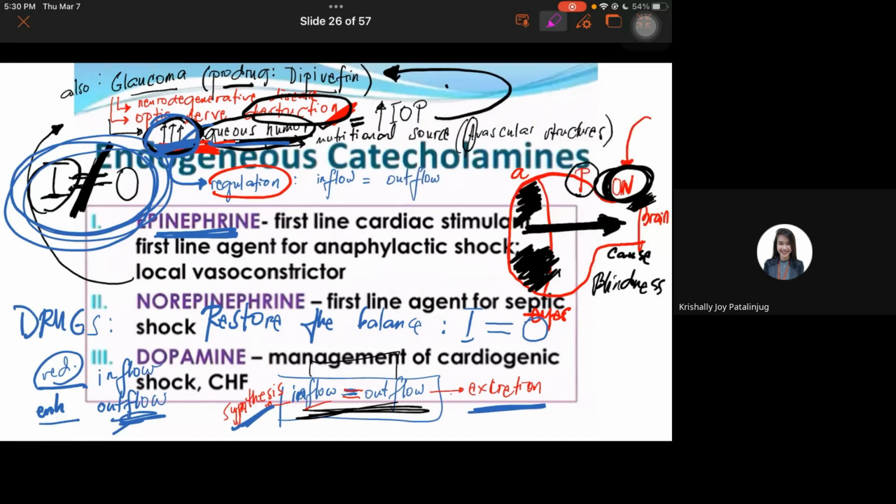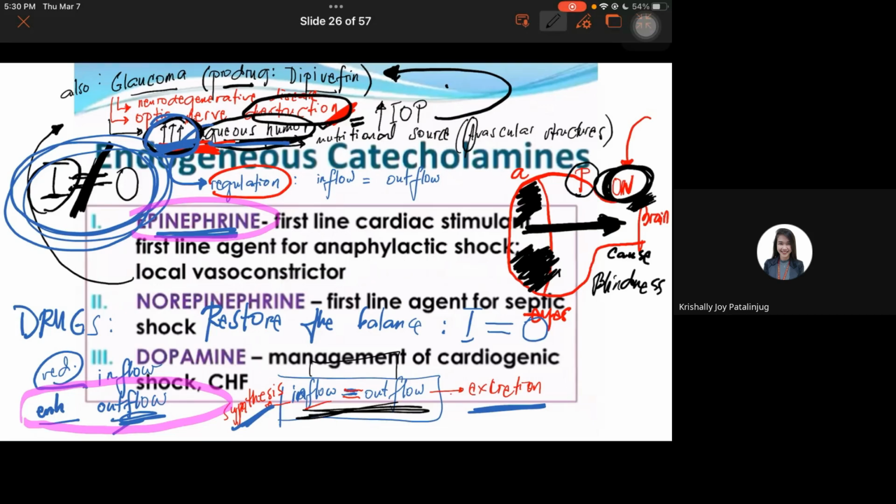With regards to epinephrine, ano yung mechanism ng epinephrine to treat glaucoma. I will highlight yung second one, yan po yung action ni epinephrine towards treating glaucoma. Ang gagawin niya, it will enhance the outflow. Okay? Paparamihin niya yung pag-excrete ng aqueous humor sa mata.